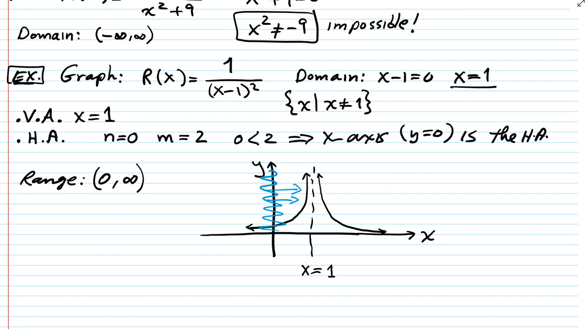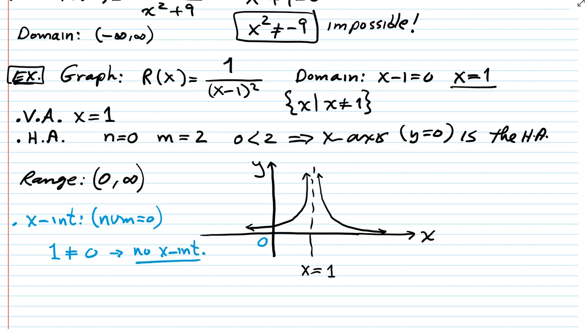There's going to be a graph everywhere except at 0. Clearly, let's say we want to find the x-intercept. That's when the numerator equals 0 for rational functions. But the numerator is 1, set it equal to 0. That's impossible. So no x-intercept.